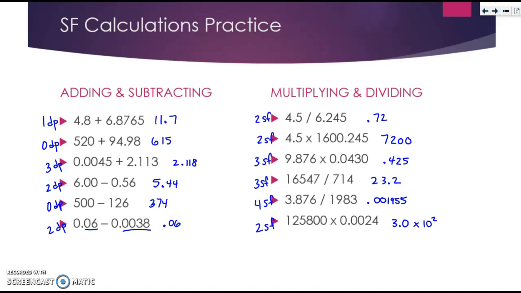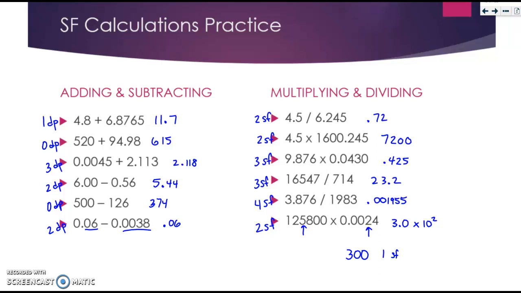For the very last one on the multiplying and dividing side, this here is 4 sig figs. This one is 2. What ends up happening, unfortunately, when you plug this into your calculator and you round, the answer you get is 300. Well, 300 by itself is only 1 sig fig.